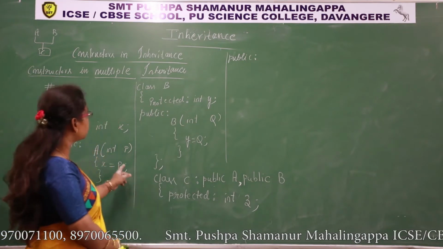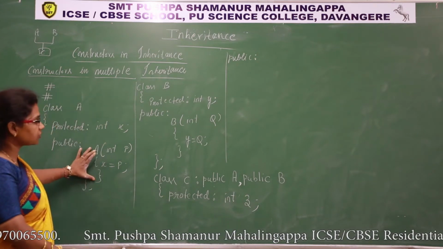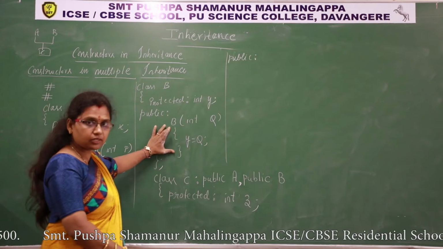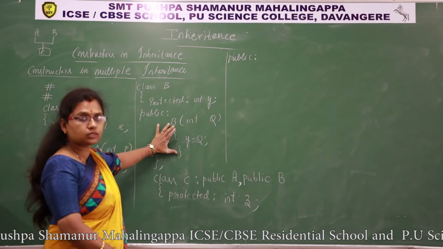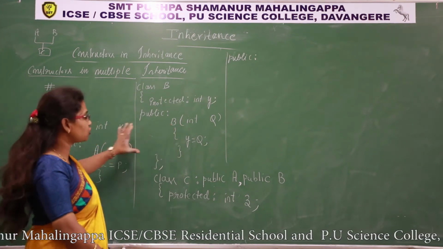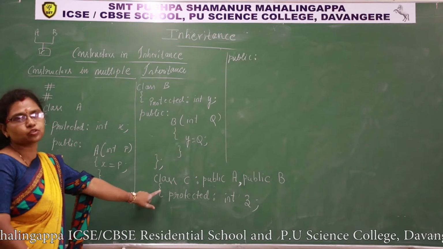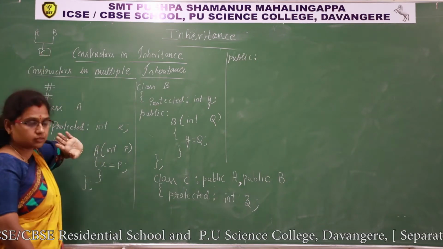What are the base classes here? Class A and class B. This is the class A constructor and it is the class B constructor. So this constructor requires one parameter and this constructor requires one parameter. Who has to pass these parameters to these two constructors? Class C has to pass because it is the immediate child class of these two classes.